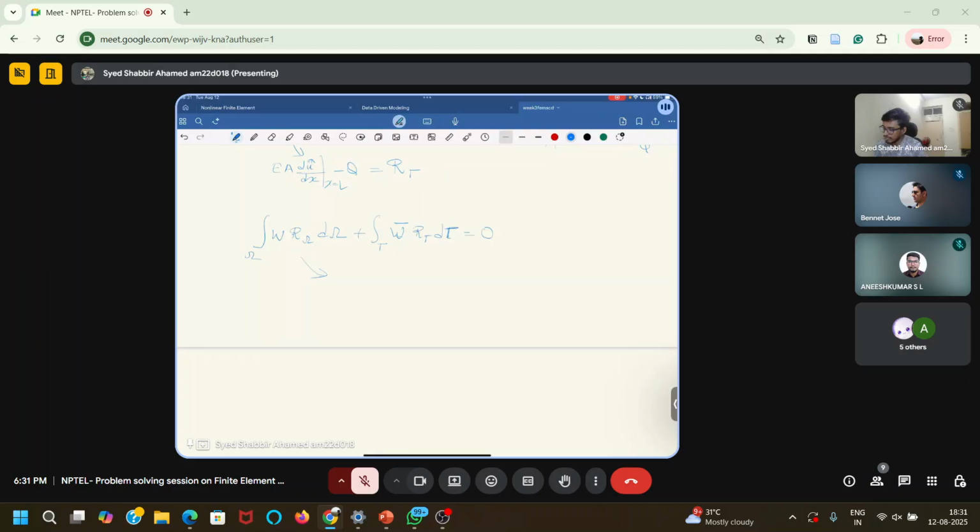Average means there is also something below, divided by the integral, but there is already zero here. If you send that to this side, it gets multiplied with zero, so it's not required. We are trying to average out the errors, so R omega and R gamma should be minimized in an average sense.